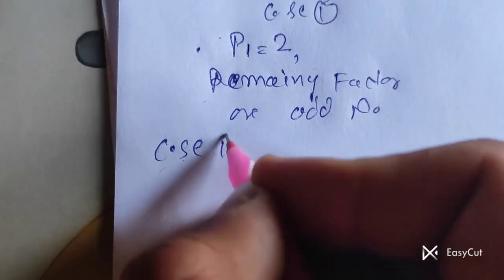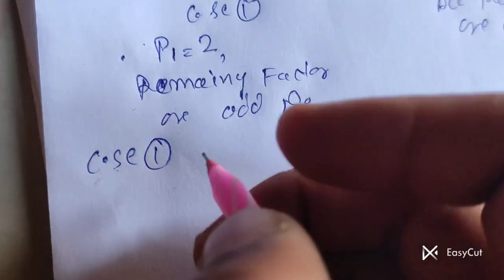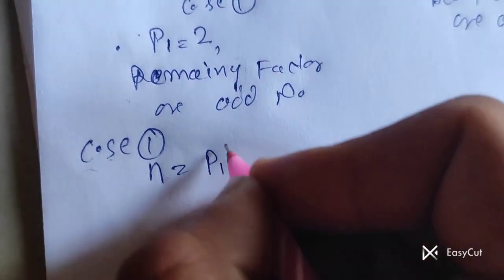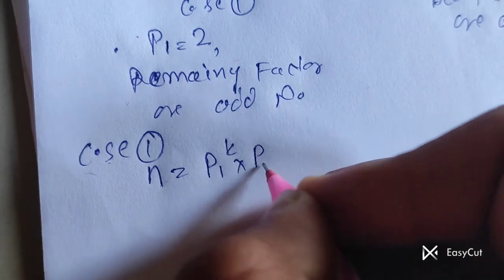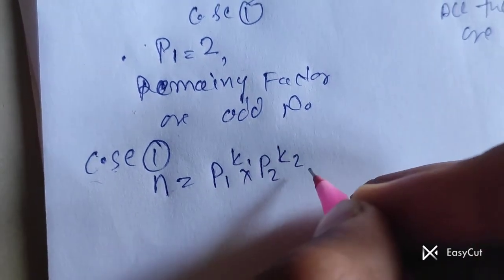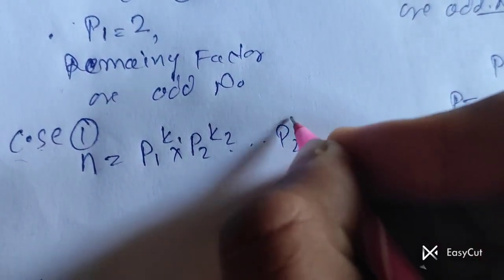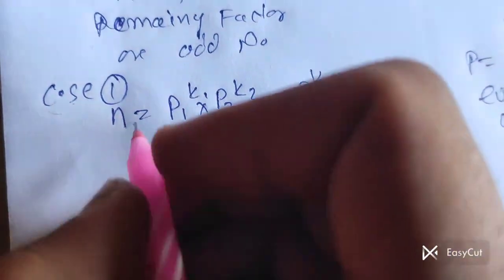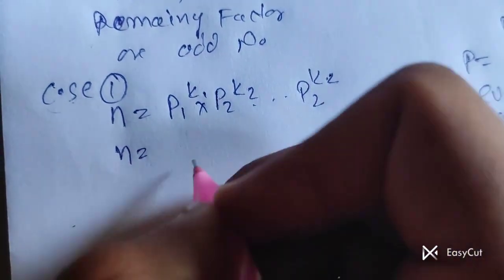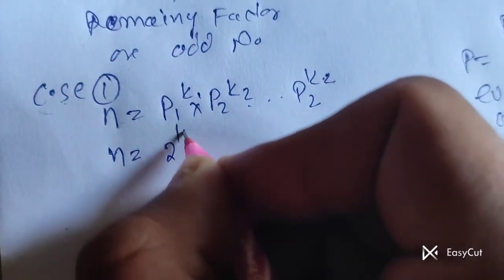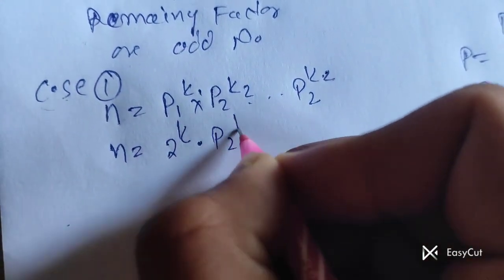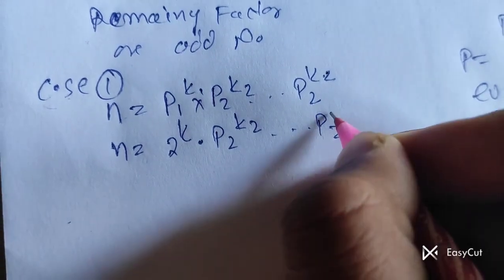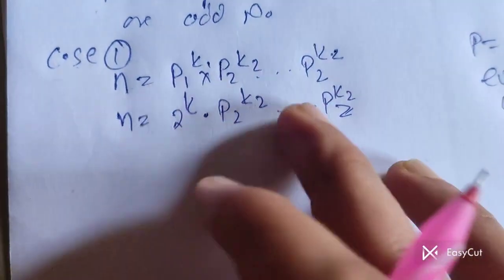Okay, so let's take case 1. First we take case 1. So when we take case 1, our n has prime factors p1^k1 times p2^k2 and up to pz^kz. Okay, z for example. So in that case, n is an integer, p1 is 2, so 2 to the power k times p2^k2 up to pz^kz.